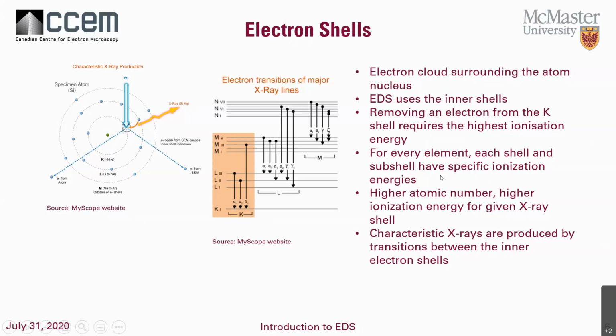The higher the atomic number of the material, the higher the ionization energy for a given shell. So characteristic X-rays are produced with these various transitions. Here you can see the electron dropping back down to the K shell where our secondary electron was produced, and a certain X-ray energy is produced.